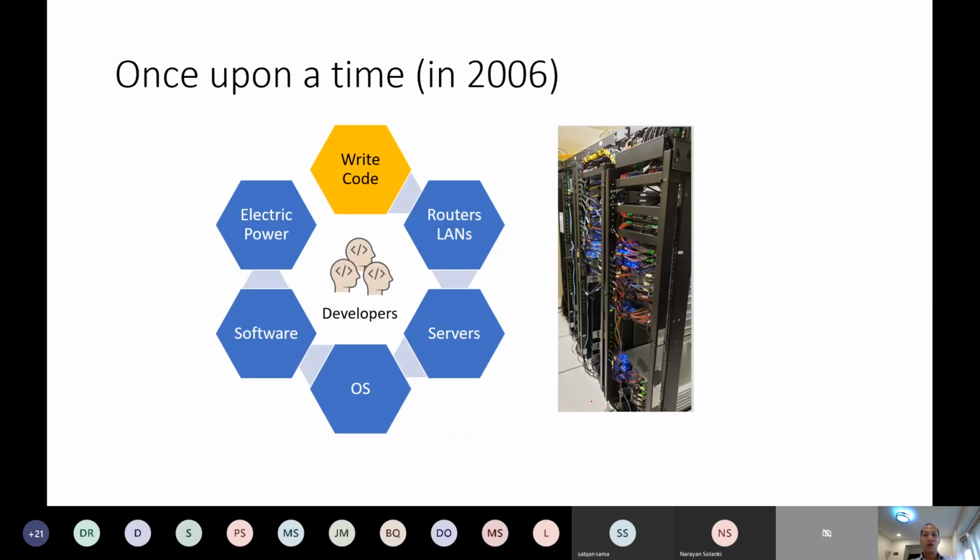So let me start with a story that I experienced. Once upon a time, back in 2006, when I worked for IBM in France, we were a small company, and we built a very complex system with high availability software to monitor the BlackBerry server, right?